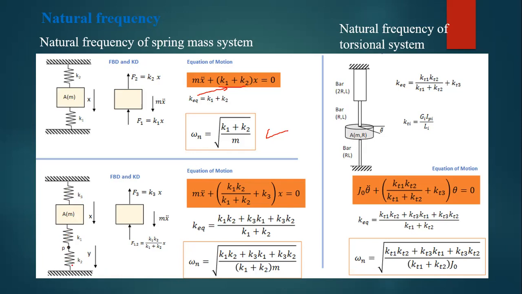For two stiffnesses in series, we have the relation that 1 over K equals 1 over K1 plus 1 over K2.